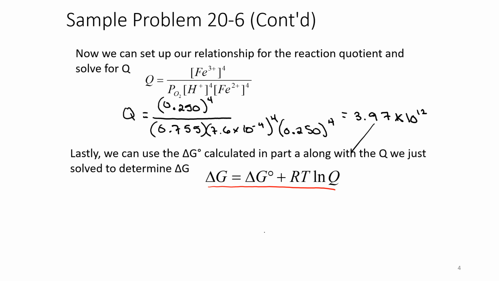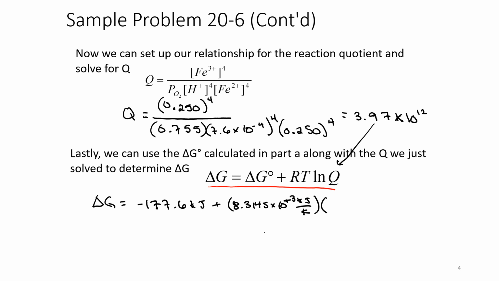Now we're going to plug that in down here. So our delta G is equal to the delta G naught that we found as negative 177.6 kilojoules plus 8.3145 times 10 to the minus 3rd kilojoules per Kelvin.